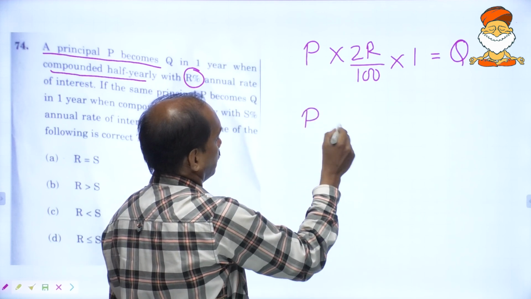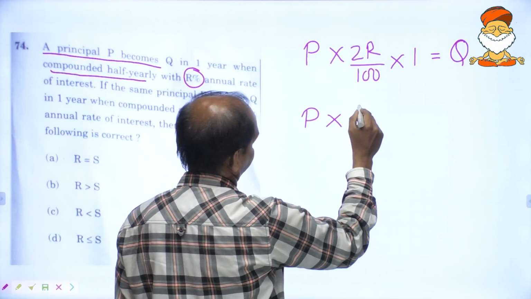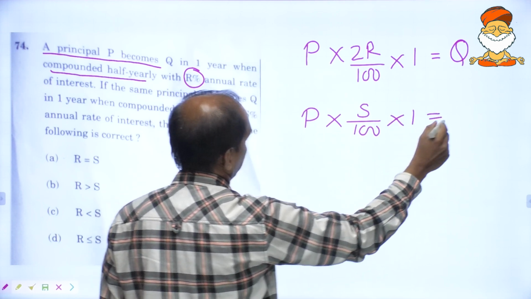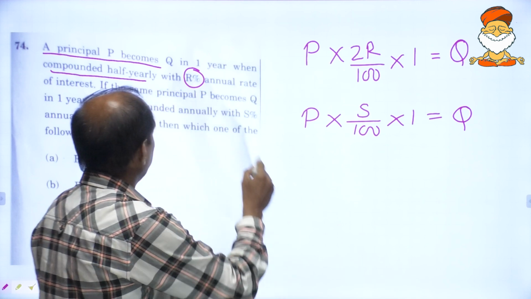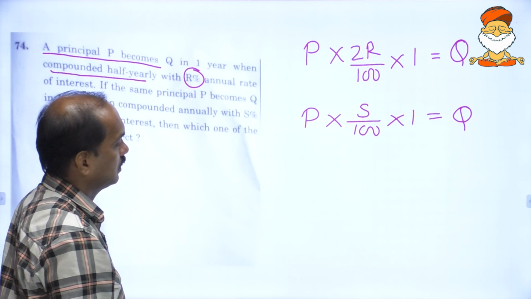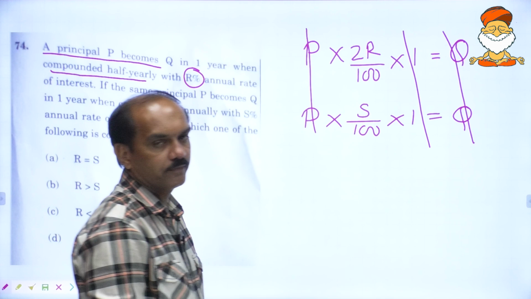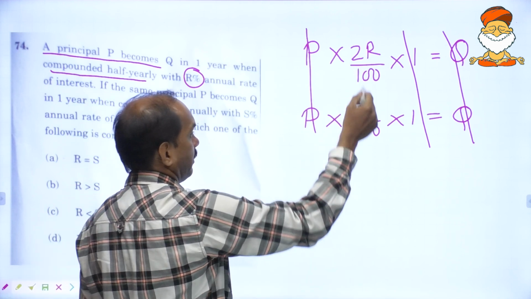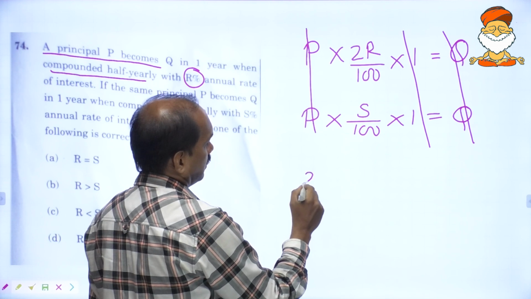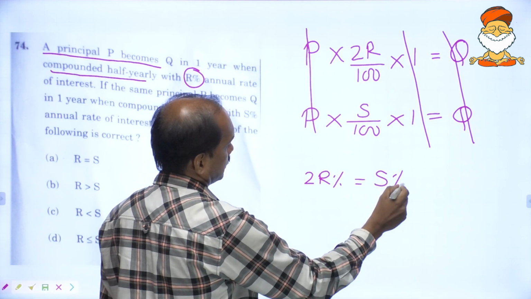Next, if it is S%, then yearly it will become Q. Okay. P becomes Q in 1 year when compounded annually with S%. So all these are same. Therefore, these two can be compared. 2R% is equal to S%.